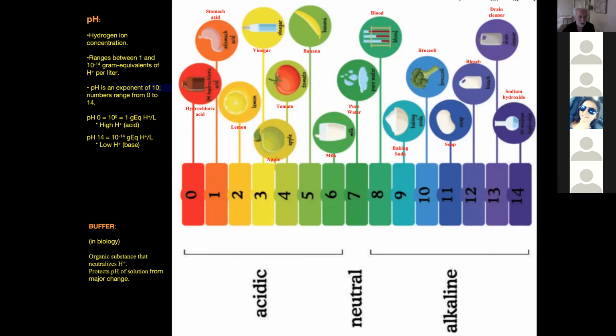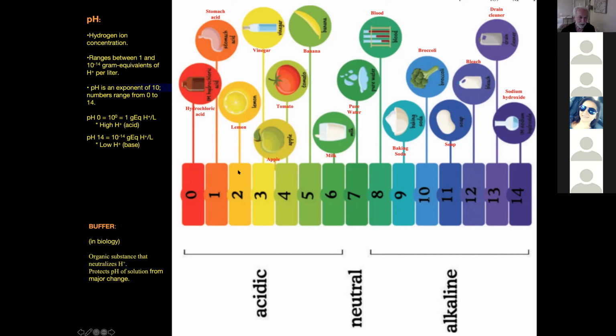What you see here in this colored picture is a range of pH from 0 to 14. And then you see various different substances that we contact fairly regularly, which represent these different pHs. For example, a pH of 0 would be like hydrochloric acid, a pH of 14, sodium hydroxide, and a pH of 7 is neutral; pure water has a pH of 7.